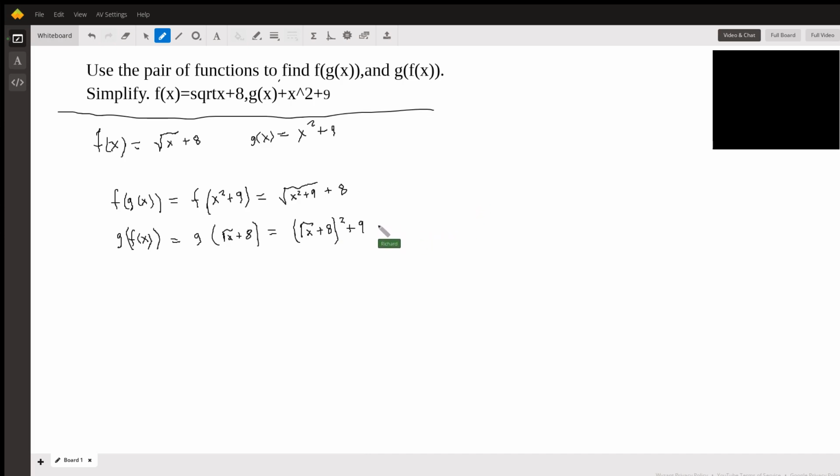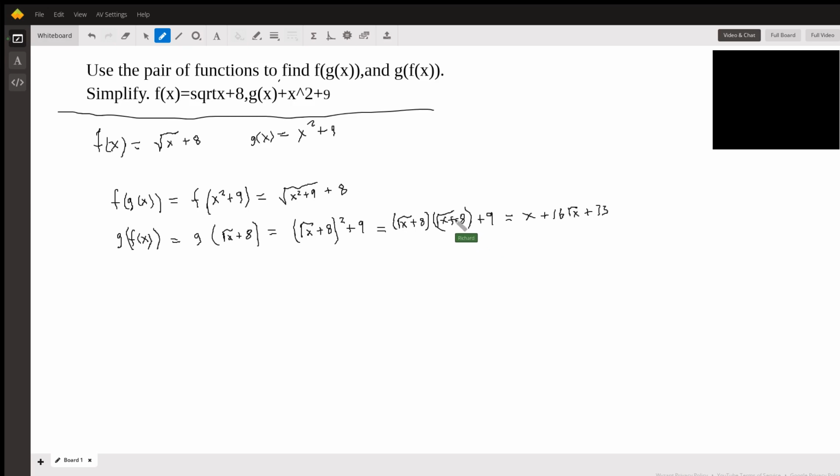Okay, now if we want to, we can square this out. And you're going to get x plus 16 root x plus 64 plus 9 is 73.